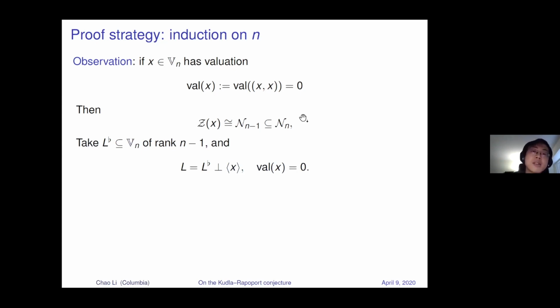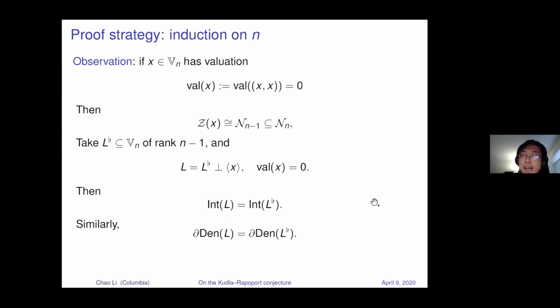Then by this observation, I get a relation between the intersection number on the rank n Rapoport-Zink space and the rank n-1 Rapoport-Zink space. In fact, they are equal to each other. Similarly, I can run the same argument on the analytic side as well. The local density, its derivative, is also related as long as I take the lattice to be of this special form, the lattice orthogonally direct summed with a unit norm vector.